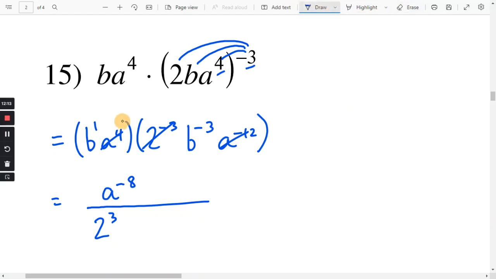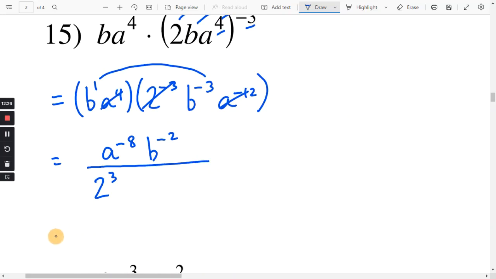Okay, so we have b to the 1 times b to the negative 3. 1 plus negative 3 is negative 2, so b to the negative 2. And now, like we said, we can take each of these and move them to the denominator and change the exponent to positive.